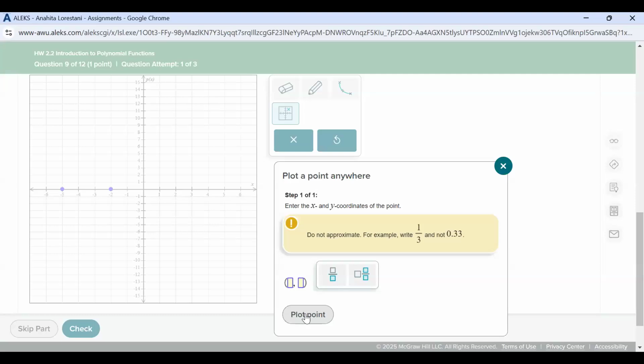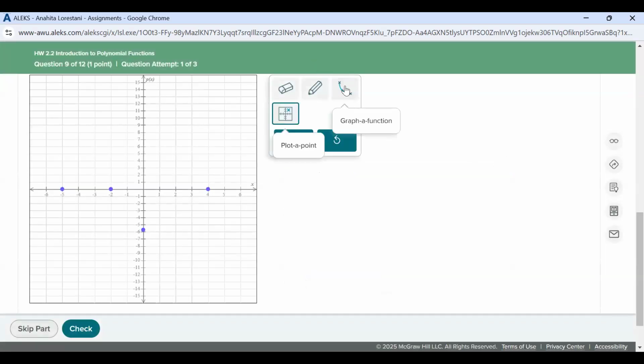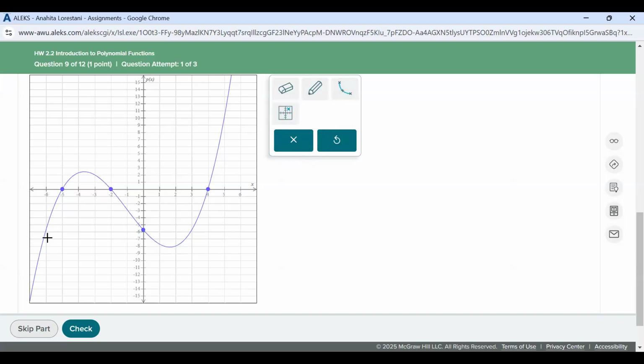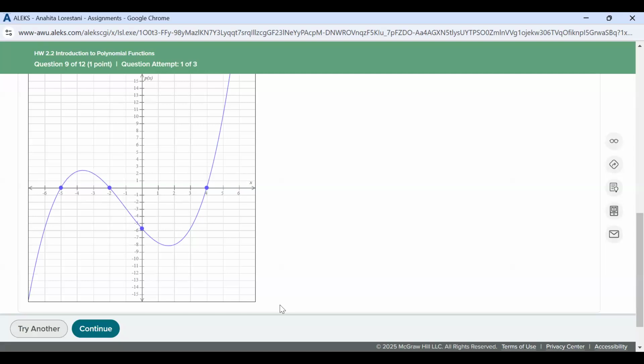You're going to put 4 comma 0, plot, and at last 0 and negative 40 over 7. That's your y-intercept. Plot and then close, and then you just click on the graph of function, and the graph is going to appear for you. Check, and that is how you graph this one.